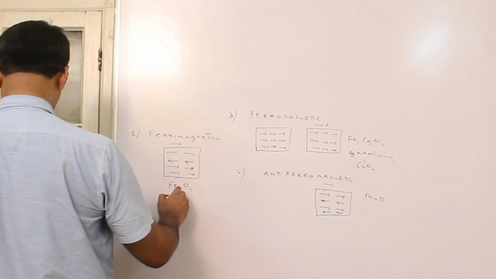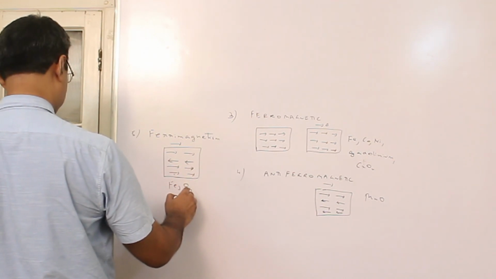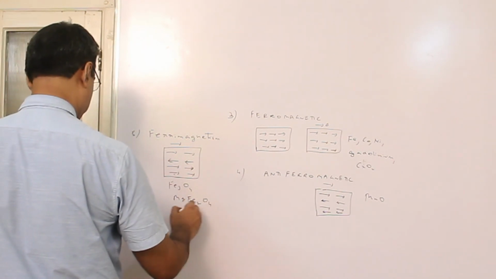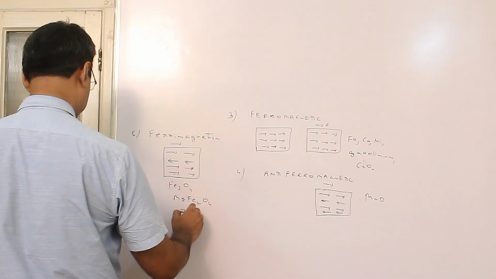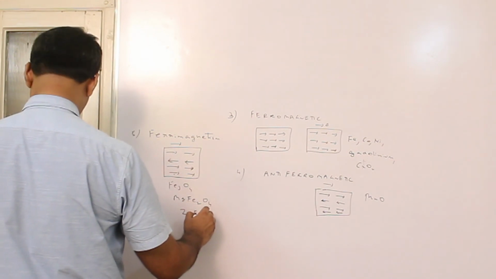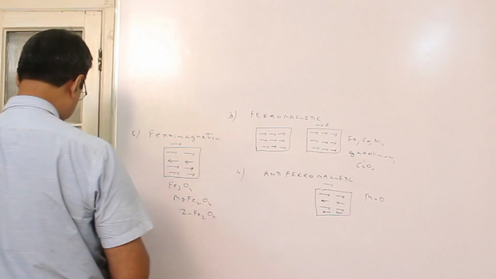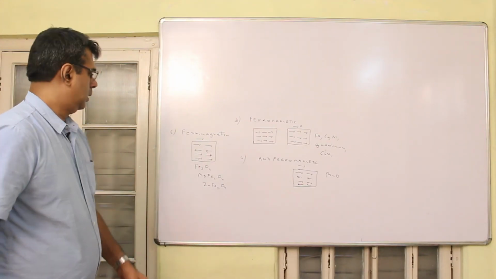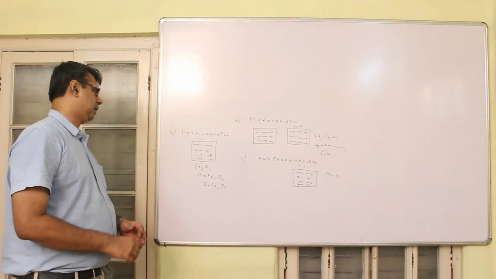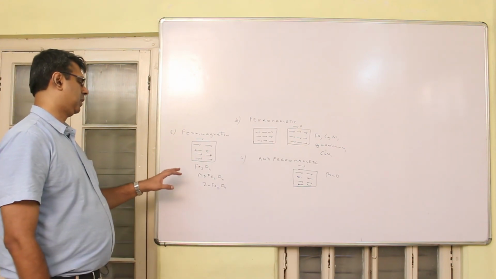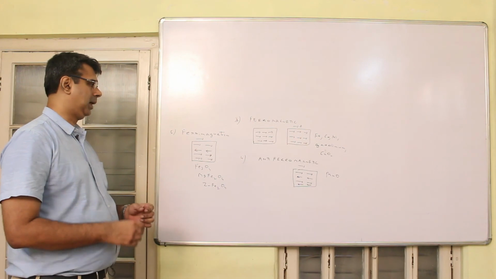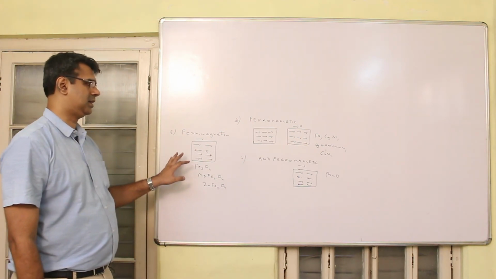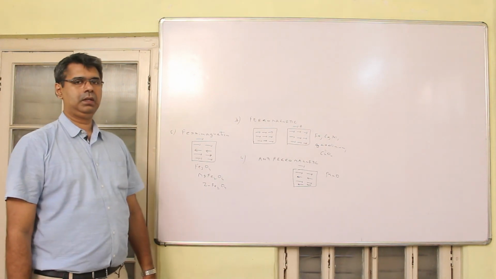Examples are Fe3O4, MgFe2O4, and ZnFe2O4. So these are the different examples of ferrimagnetism. This completes the topic magnetic properties, and it also brings us to the end of the second session of the chapter solid state.